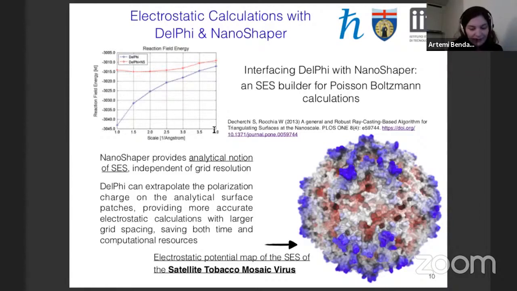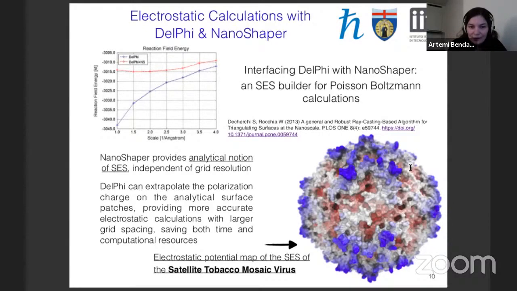This is because NanoShaper provides an analytical notion of the SES, which is independent of grid resolution, and therefore Delphi can extrapolate the polarization charge on those analytical surface patches, providing this more accurate calculation.